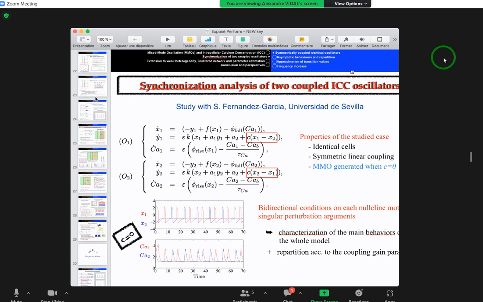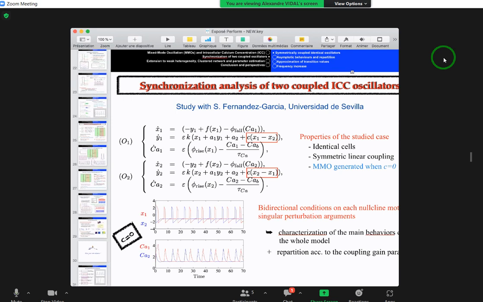Yeah. For now, we are considering a fixed connectivity matrix. So the network is fixed. If we want to involve some changes in the network, it's possible.